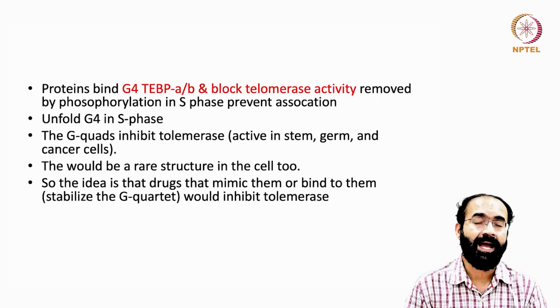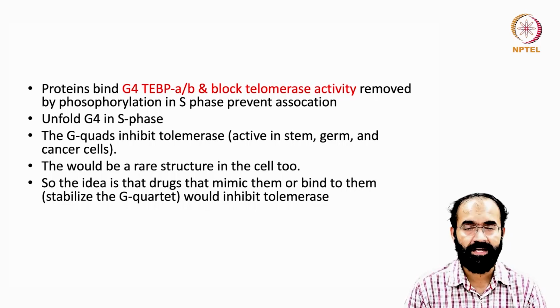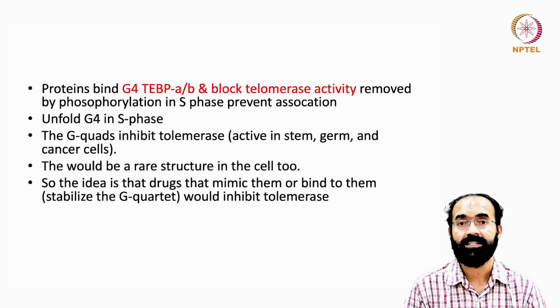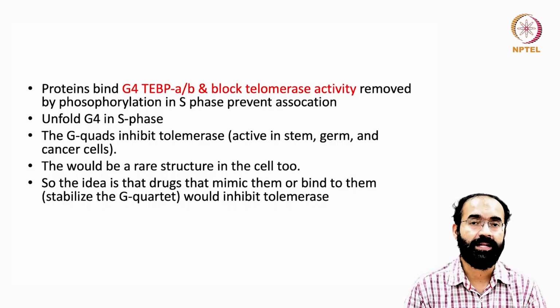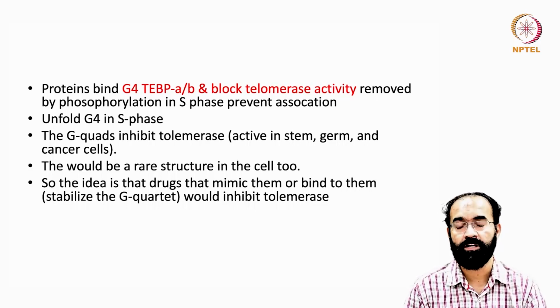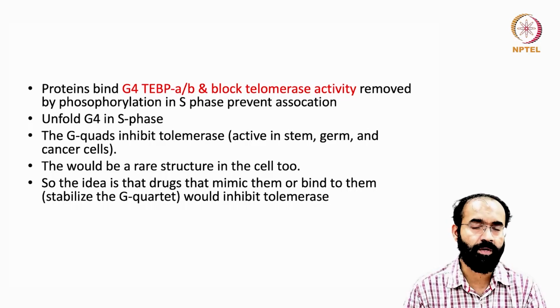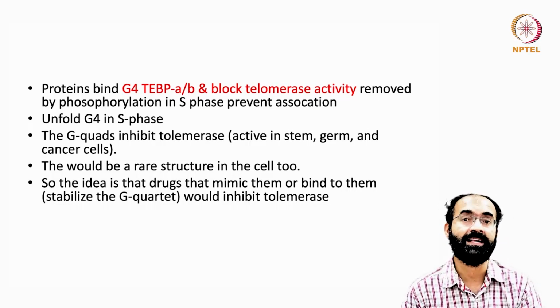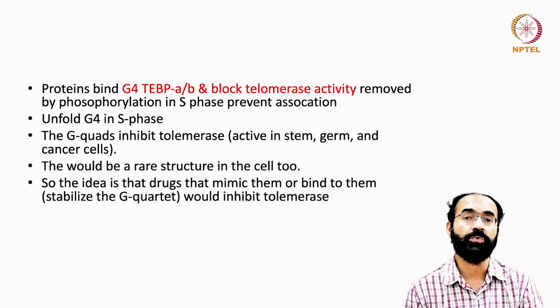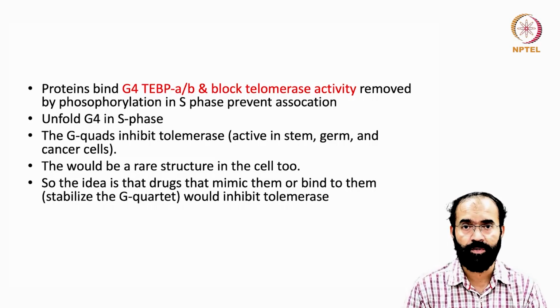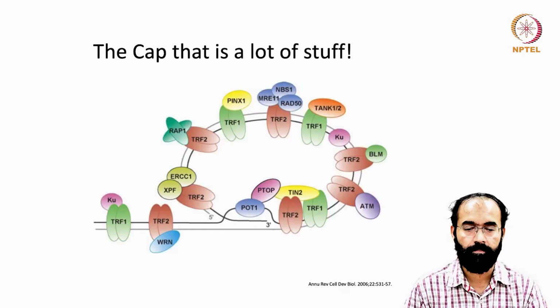You can have drugs that mimic the structure of the G quadruplex, so that they block the telomerase activity, so that cancer cells also suffer from telomeric erosion and possibly undergo apoptosis. But cancer cells can come up with newer, elegant strategies also, and some cancer cells know how to avoid apoptosis or programmed cell death.